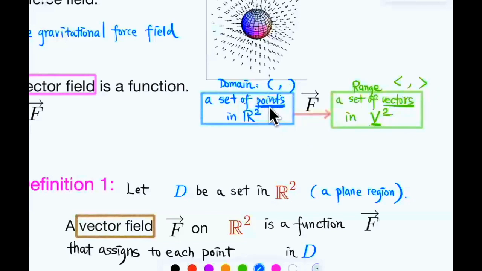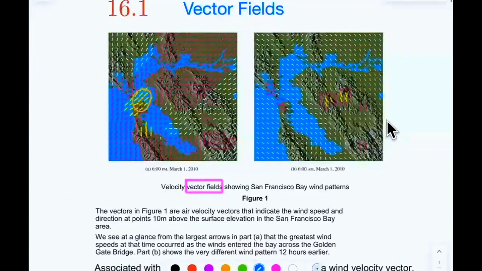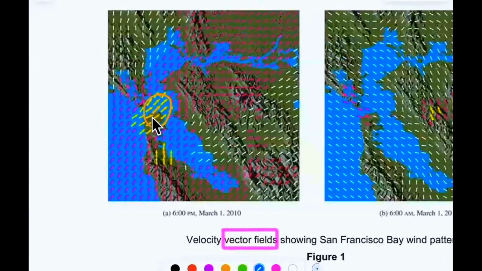So it maps a point in R2 to a vector in V2. So go back to this, you see that for every point on the square here, it assigns a vector, right? And the vector here is a two-dimensional vector. Every point has an arrow associated with that point.